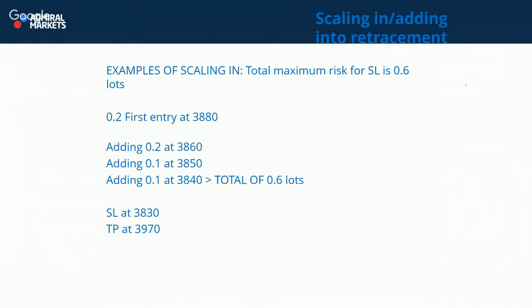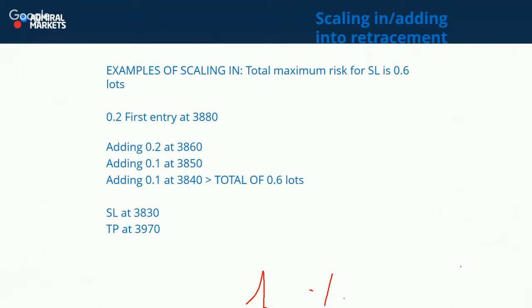And this is an example of scaling in. Let's say that the total maximum risk for our trade is 0.6 lots. That means we have calculated that if we take the risk with 0.6 lots and place a stop loss within 50 pips, that is 1% of risk.